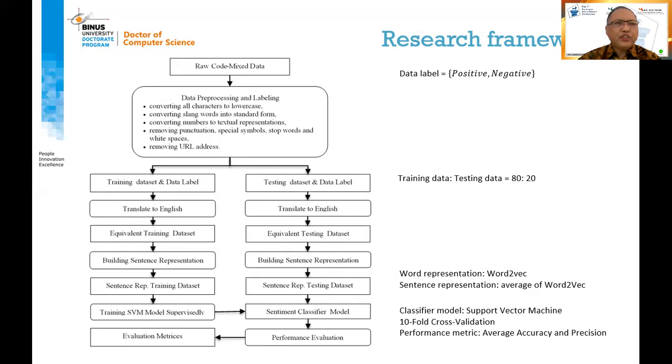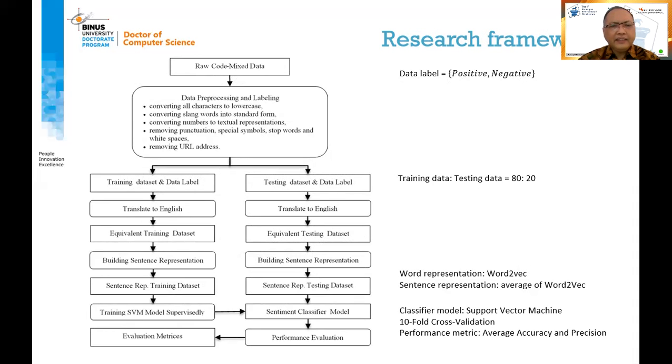The next step is to build sentence representation, or sentence embedding, based on word embedding. So we have a training data set and testing data set, and the training data set is then used to train a support vector machine model using supervised training technique.